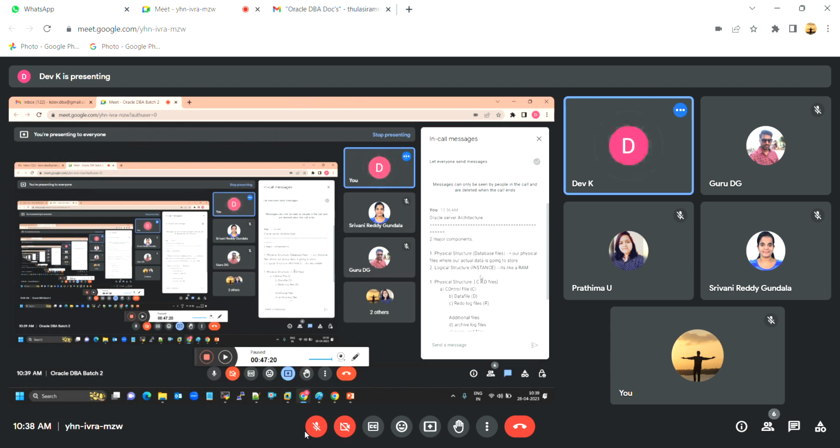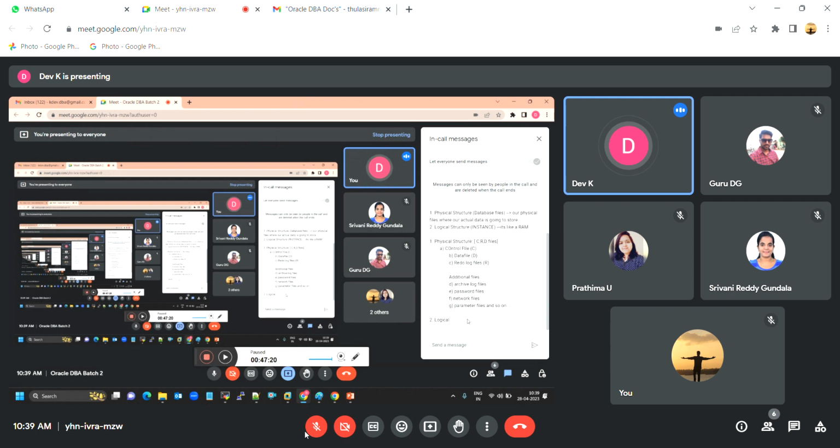Under this memory we have database buffer cache, log buffer cache, and shared pool. In shared pool we have data dictionary cache, library cache, and a few more additional memory components like large pool, streams pool, Java pool, and so on.